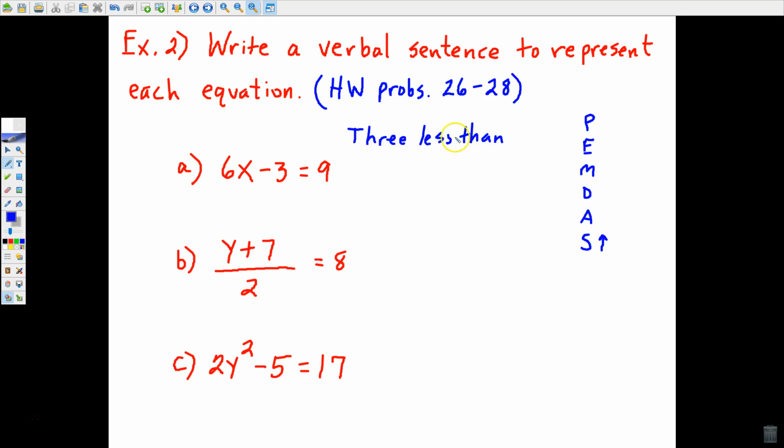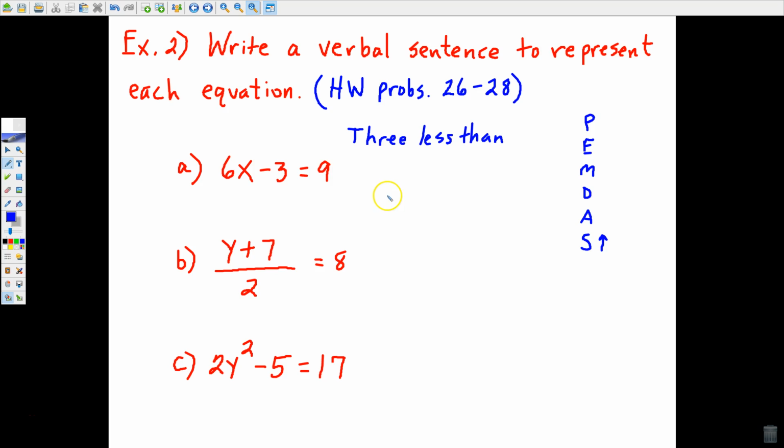When it's an equation, the two words less than will always indicate subtracting. We're subtracting 3. 3 less than. All right, we've taken care of the subtraction. Now let's move to the multiplication part of this equation.